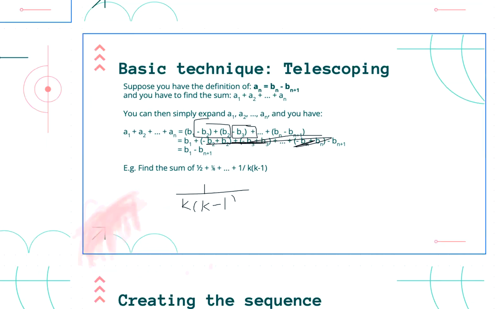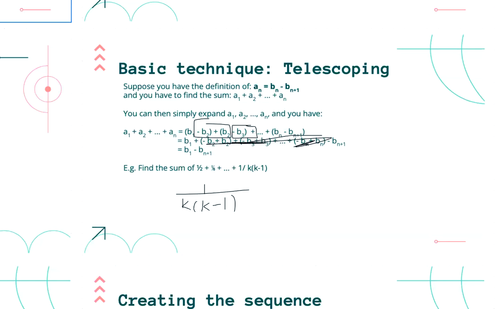And one really good way we can do this is by splitting it into partial fractions, so 2 different fractions, and then trying to make them cancel, right? Because how can you really add up terms like 1 over 2 plus 1 over 6 and then 1 over k times k minus 1 for so many terms? There's no easy way to do it apart from telescoping, really. So let's see how we can do that.